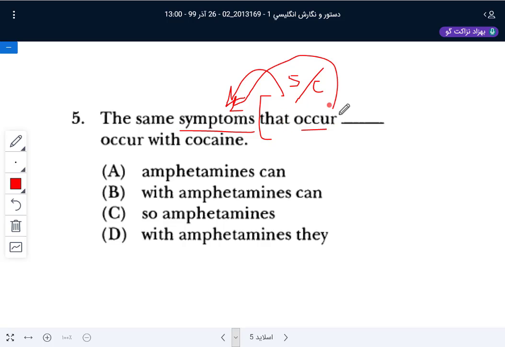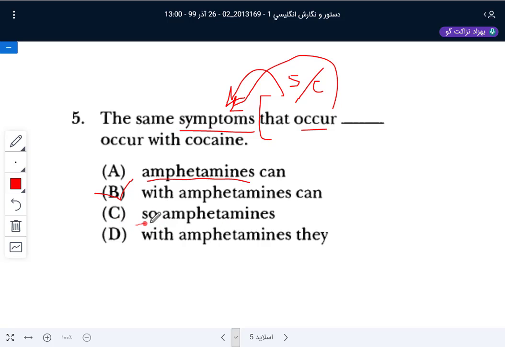Occur requires a preposition to have this noun, which is the object of the preposition. So occurs with amphetamine is the best choice. So choice A is not acceptable. It is not correct to use so amphetamine.